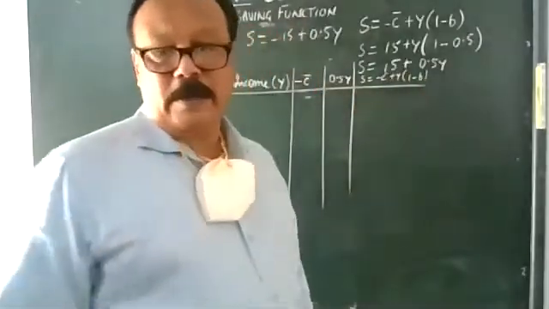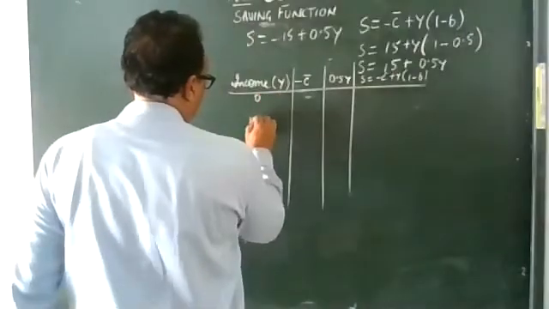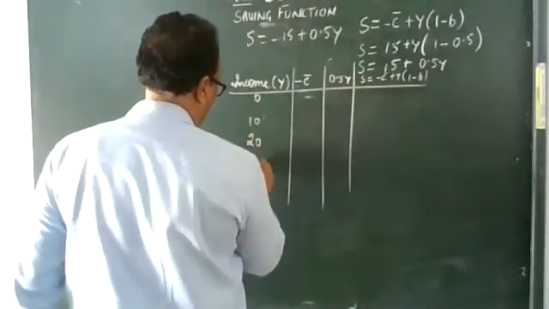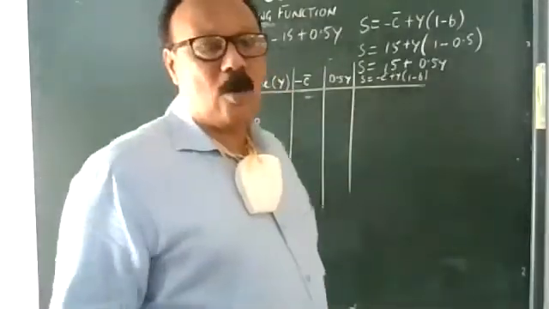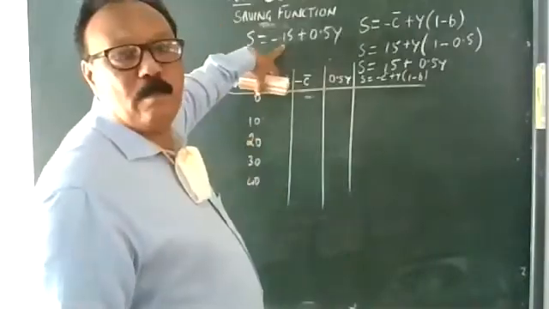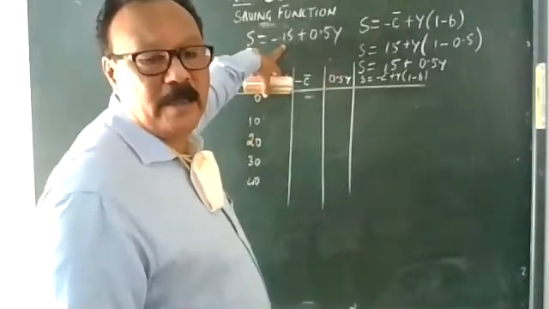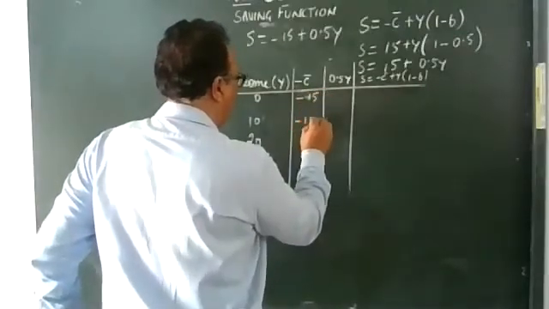Let us start with income. Start from 0, 10, 20, 30, 40. Autonomous consumption as given in your question is minus 15. So minus 15 everywhere.